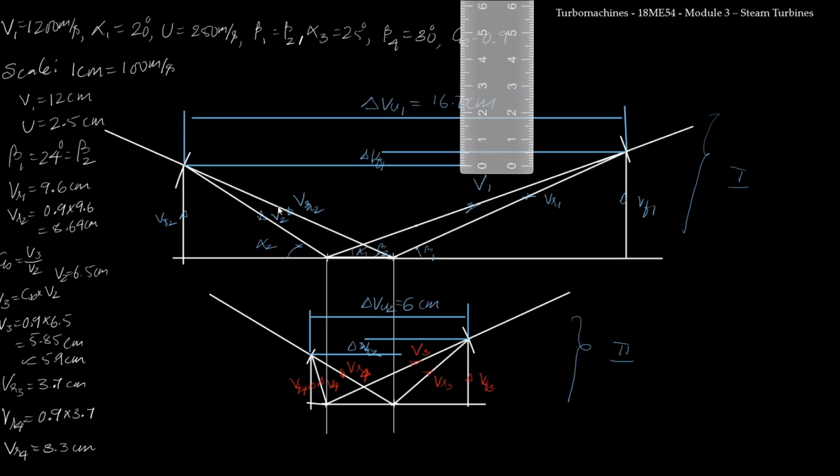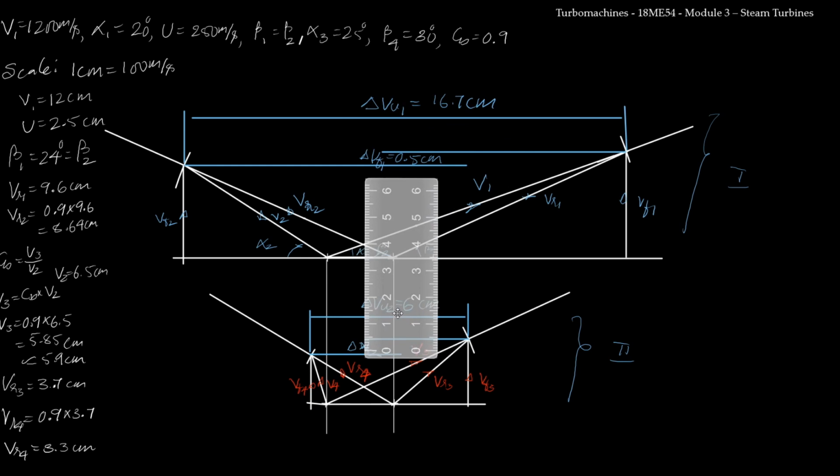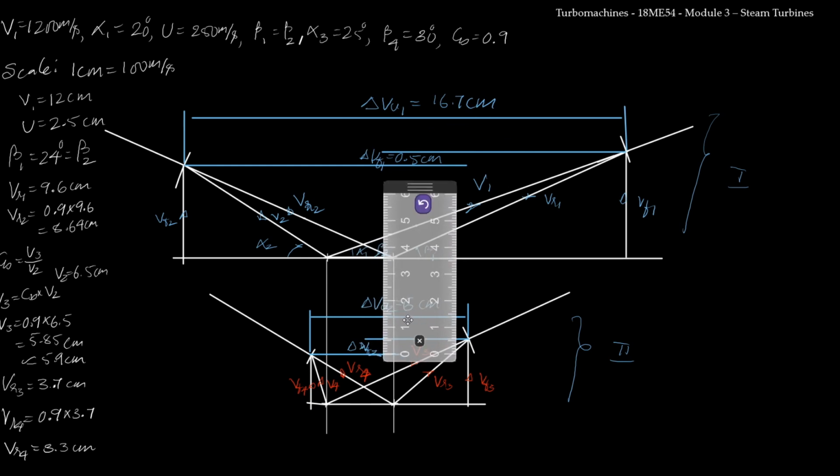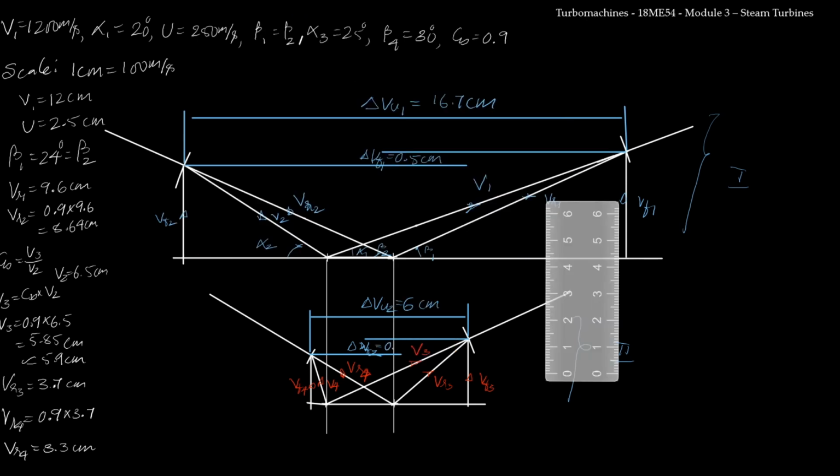If I keep the scale here, then delta Vf1 is around 0.5 centimeter. I will keep the scale here. If you measure this height, it's around 0.6 centimeter. This is around 0.6 centimeter.